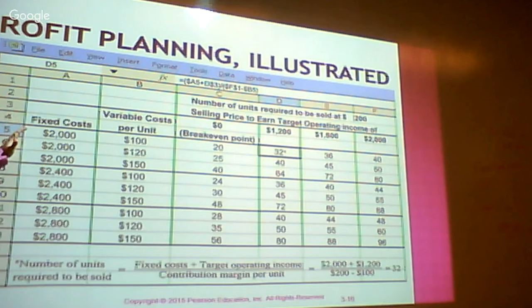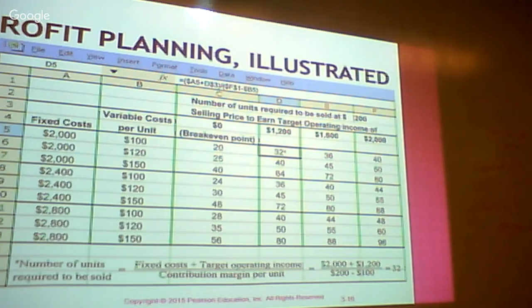We have fixed costs of $2,000, $2,400, and $2,800. My variable cost per unit is $100, $120, and $150 for each one. Based on that information, we're going to determine my break-even points, the number of units I have to get to at a certain level.